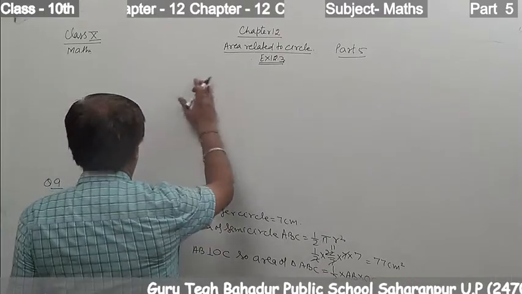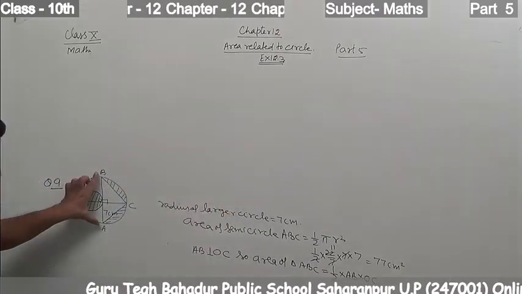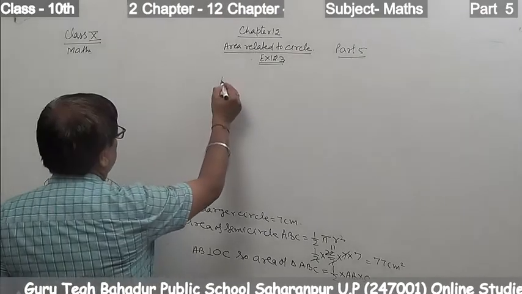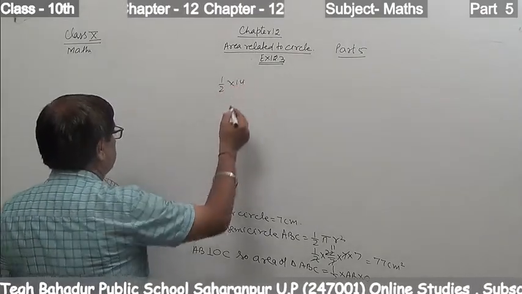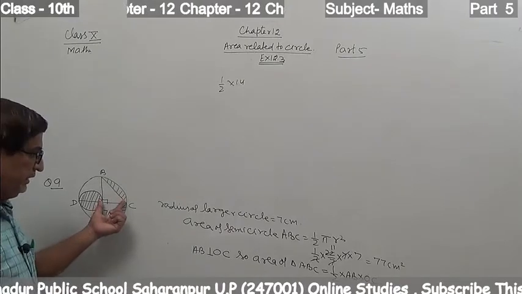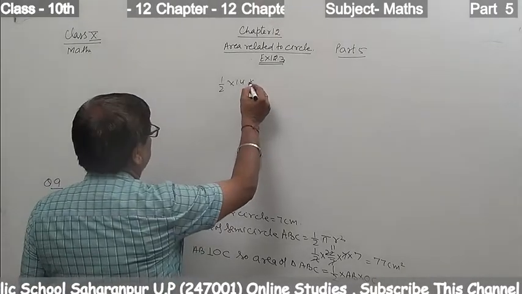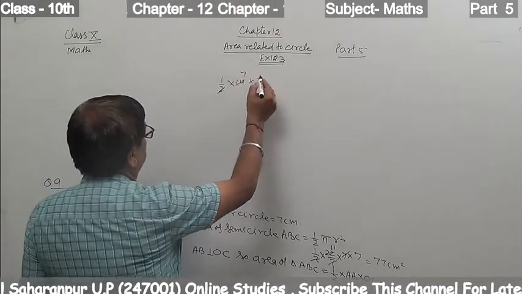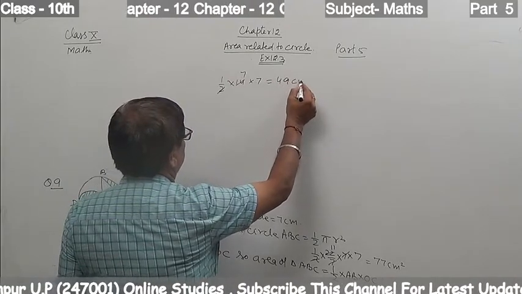AB is the diameter, so it is 14. OC is the radius, so it is 7. 2 7s are 14, so it is 49 centimeter square.